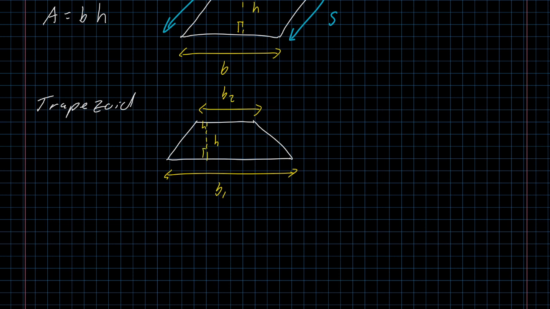And then we're going to need to measure the height between them. This formula messed with me for a long time before I finally realized that what we're really doing here, we're going to take the two bases, we're going to add them together and divide by 2. That is the average length between the two sides, between the top and the bottom.